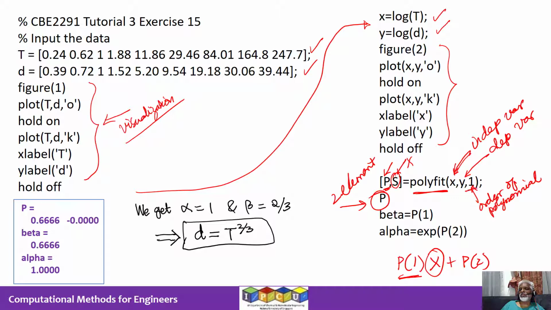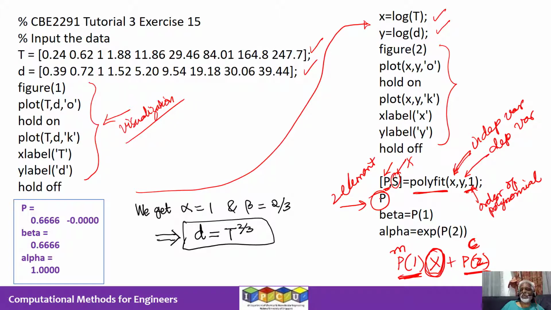Our polynomial is first order, so the leading term is just x. So P1 represents m, the slope of the line, and P2 represents the intercept, or the constant term c. So it is mx plus c. That is how you have to interpret P.